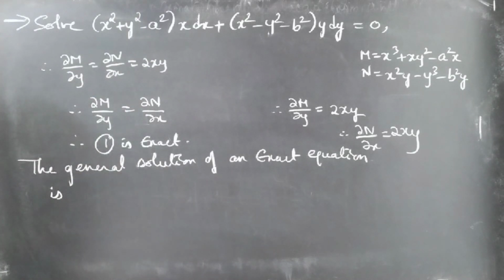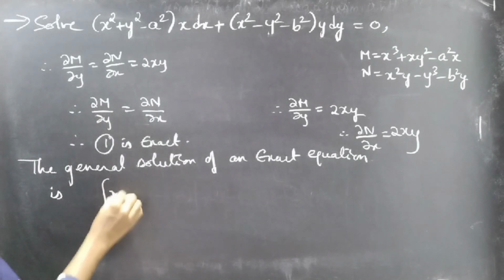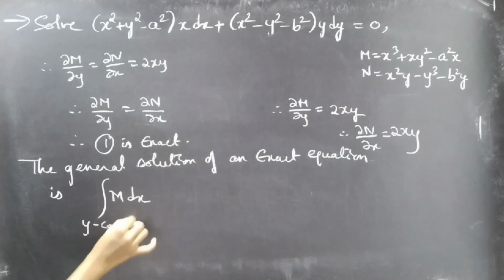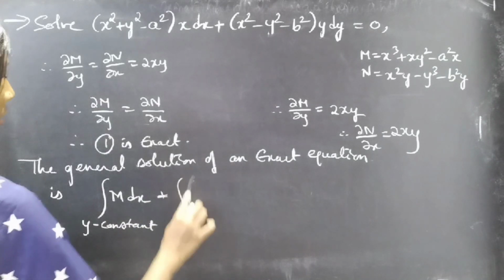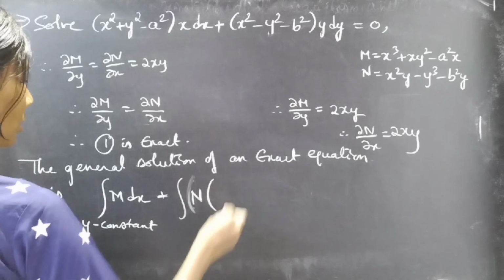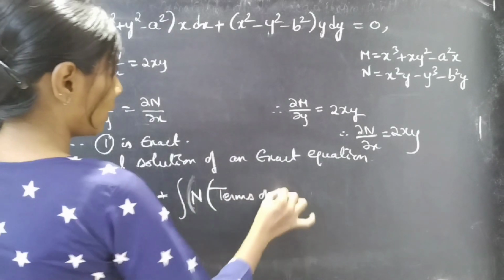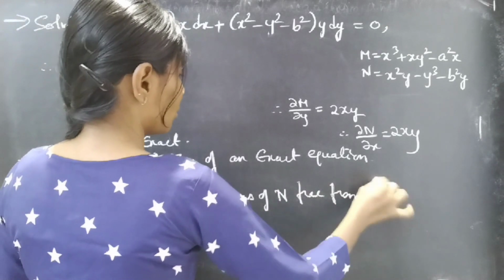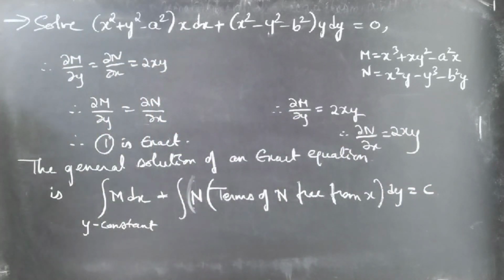Fine. Now coming to the general solution formula. The general solution of an exact equation is given by the integral of M dx, where y is treated as constant, plus the integral of the terms of N free from x, into dy, equal to c.